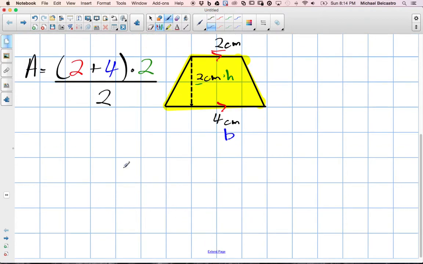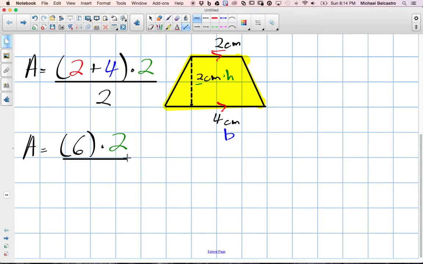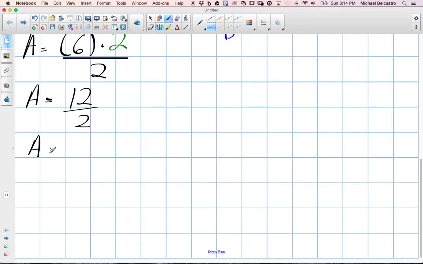So according to BEDMAS, we deal with what's in the brackets first. 2 plus 4 is 6, so we have 6 times 2 divided by 2. We'll walk this through. Some of you might already know what the answer is going to be. 6 times 2 will give us 12, divided by 2, and then 12 divided by 2 is 6.